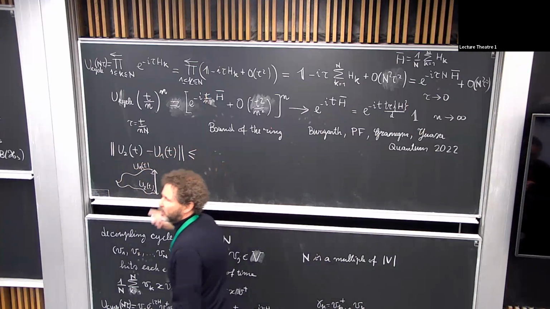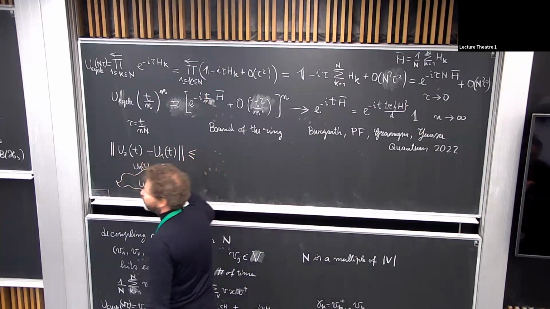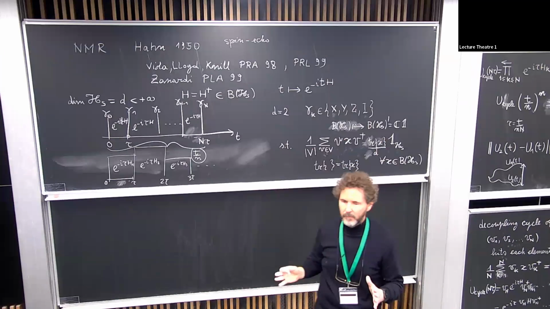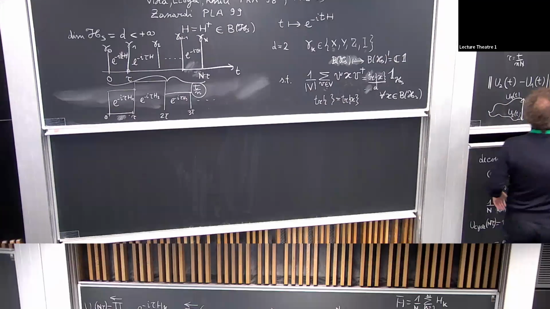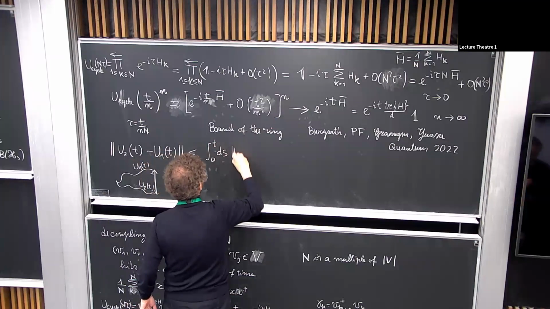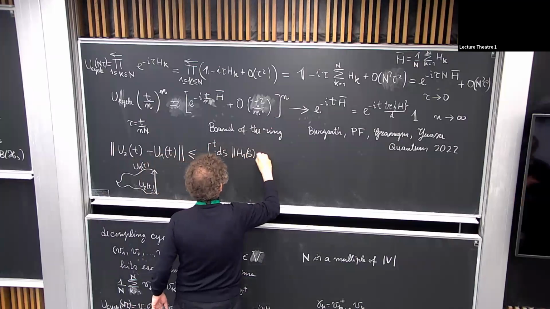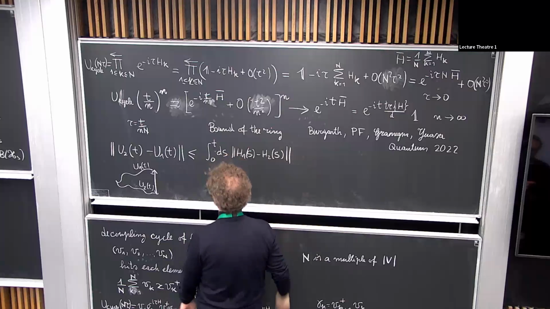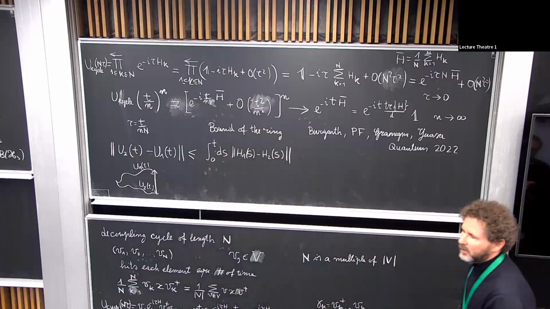Of course, you can bound this. The most trivial bound is just to bound this by the difference of the Hamiltonians, H1 minus H2. This is essentially perturbation theory.